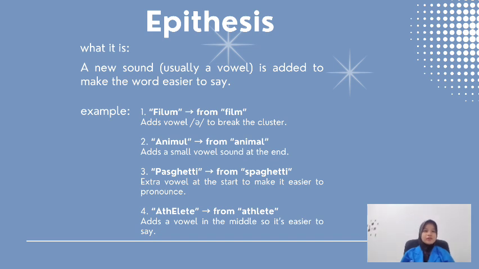An extra vowel at the start makes it easier to pronounce. Example number four, athlete, from athelete. A vowel is added in the middle so it becomes easier to say. Though this is actually a common mispronunciation, epenthesis helps us deal with difficult consonant clusters by adding extra sounds.